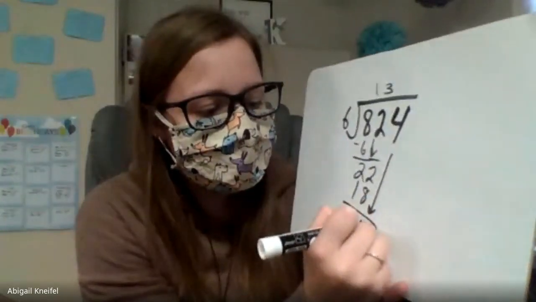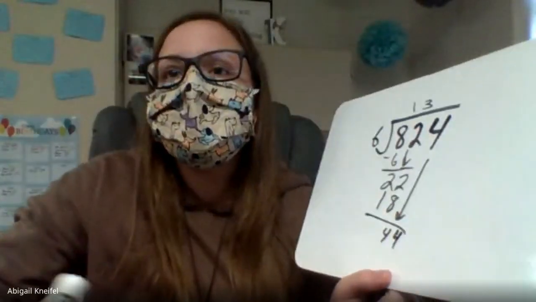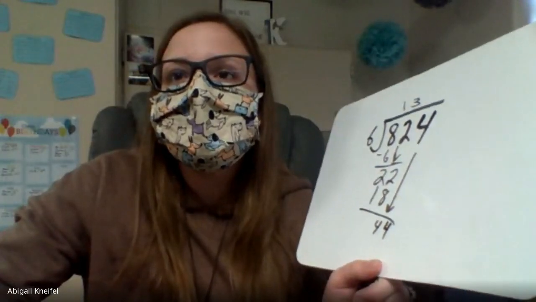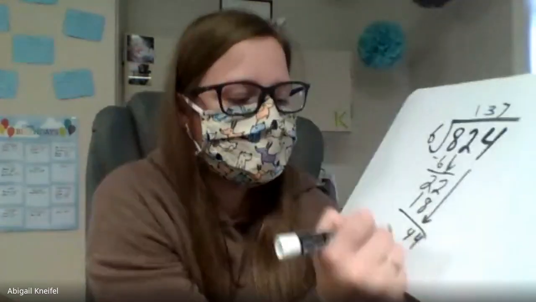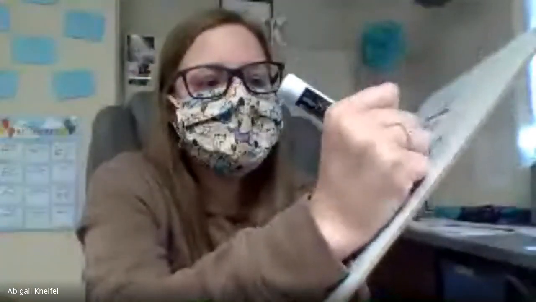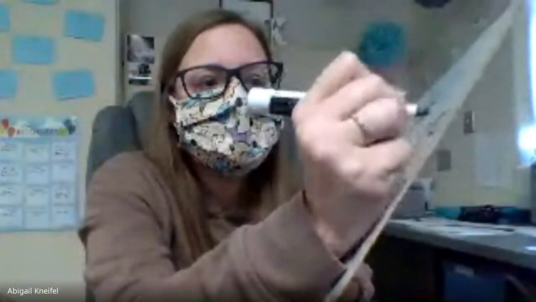Bring down my 4. How many times can 6 go into 44? It can go in 7 times, which equals 42. 44 minus 42 equals remainder 2. 137, remainder 2.